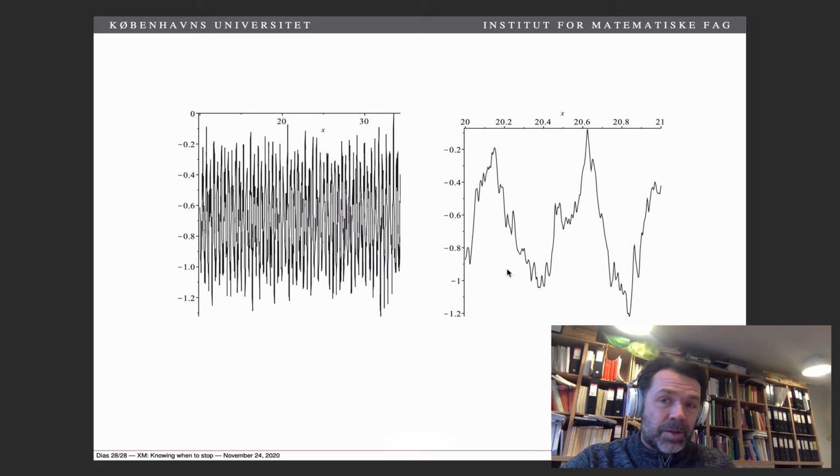It's the same thing that I just showed you, but doing these plots takes a long time because you have to compute all these points and connect them with little lines.